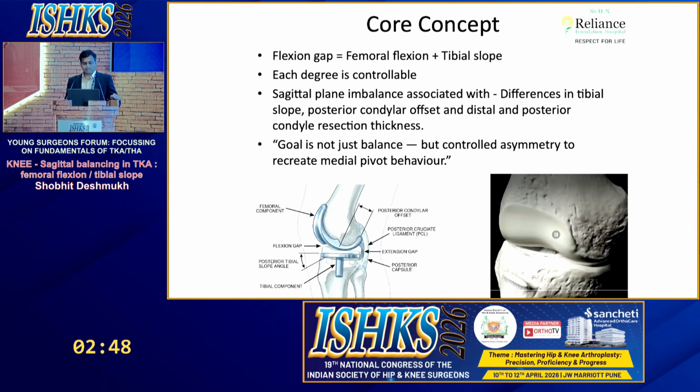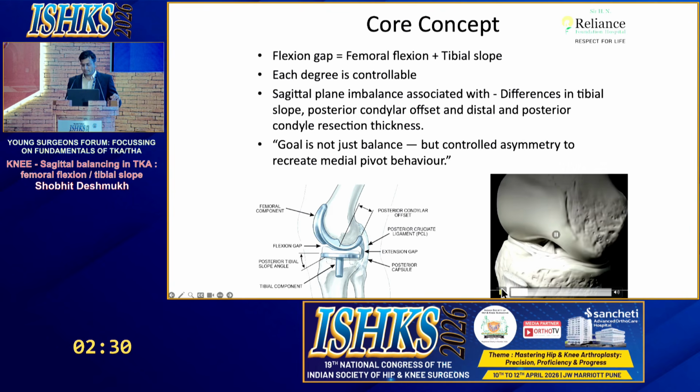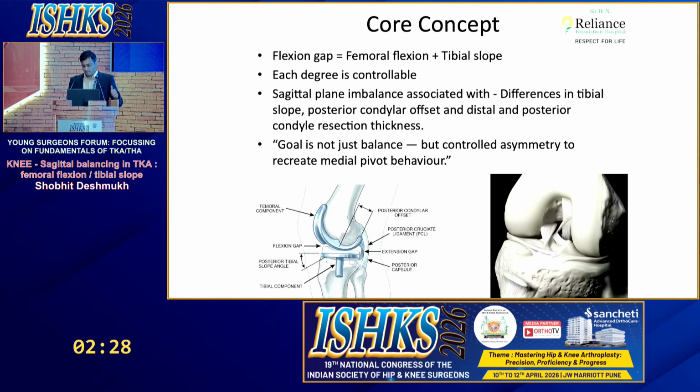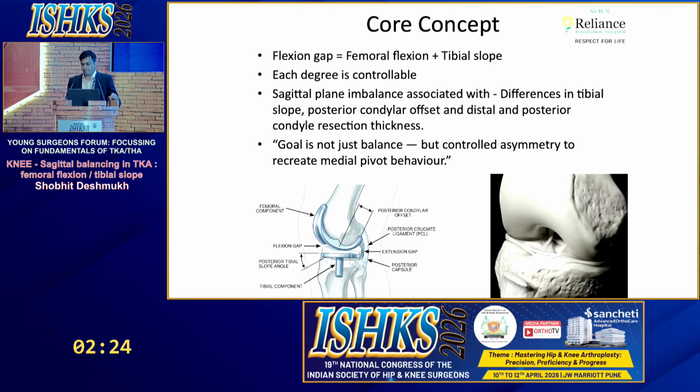Each degree is controllable, and the sagittal plane has been associated with differences in tibial slope, posterior condyle offset, and distal and posterior condyle resection and thickness. So the goal is not just balance, but controlled asymmetry to recreate medial pivot behavior. We can see the native knee biomechanics, which achieves rotation in the medial compartment and rotation and translatory movements in the lateral compartment.